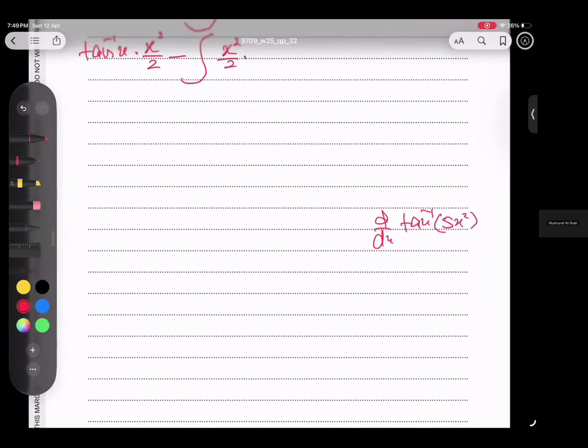So I'm writing the formula first: 1 over 1 plus angle square, and in the numerator the derivative of angle. This is a basic formula. What is the angle? Angle is 5x to power 2. So I'm writing that 5x to power 2 as a square, and in the numerator the differentiation of angle. I think the point is very clear.